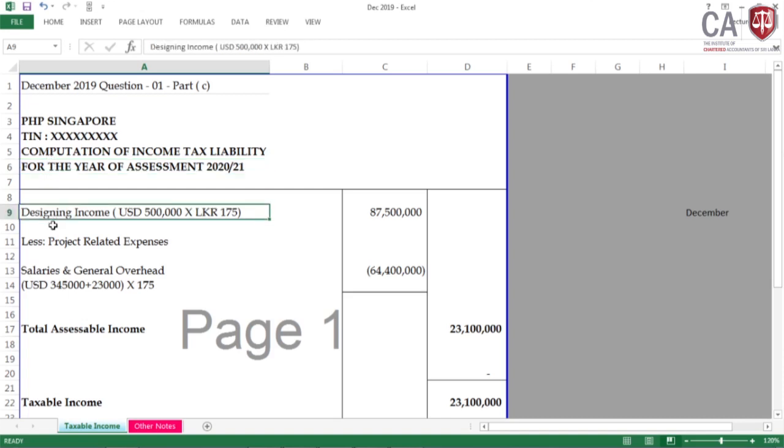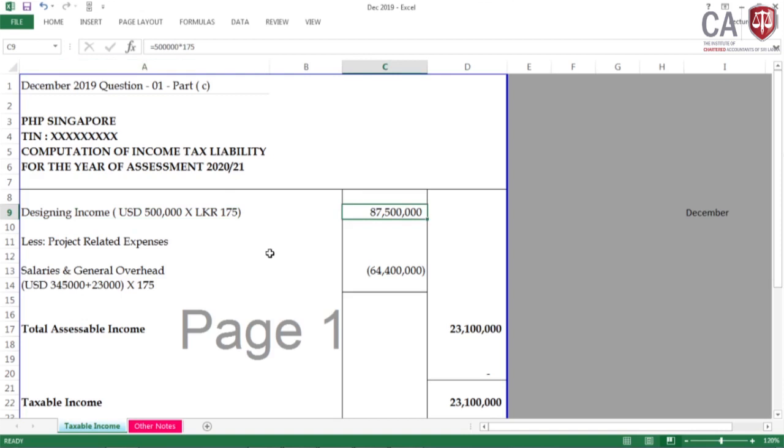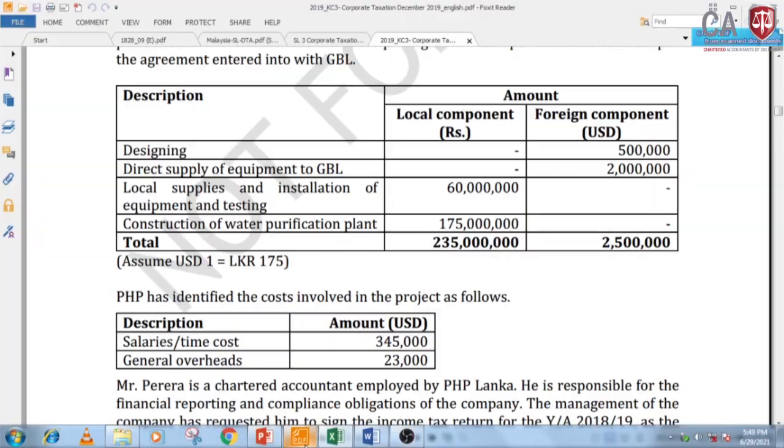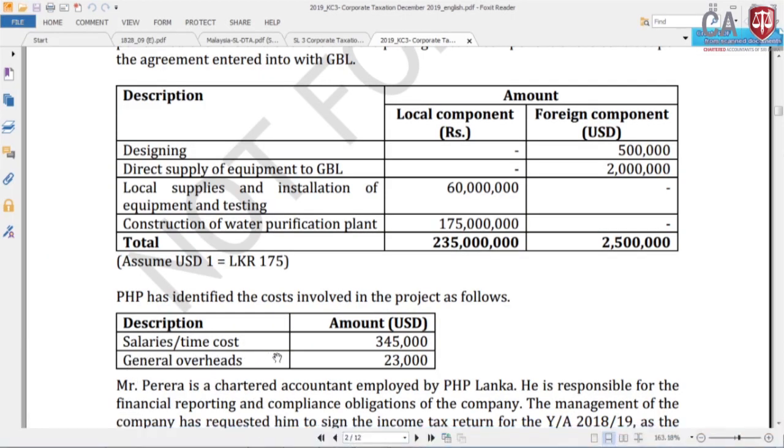Then design in income US dollar 500,000 into LKR 175. Then the 87,500,000 we will take here as the rupees, less project related expenses. In the question itself, it has given salaries and time cost, and the general overheads 23,000.